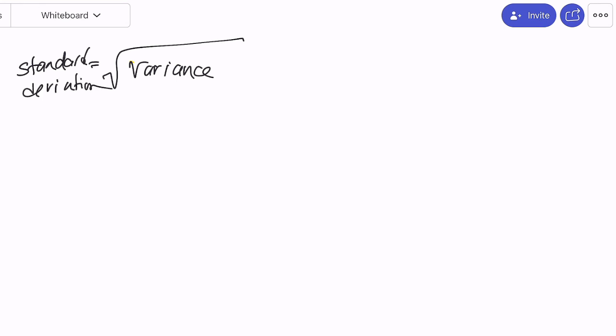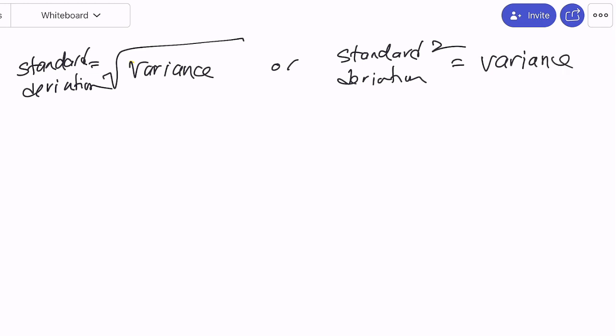Or you could say the standard deviation squared is the variance. There are different symbols for that, different for population and for the sample, but it's the same relationship between standard deviation and variance.